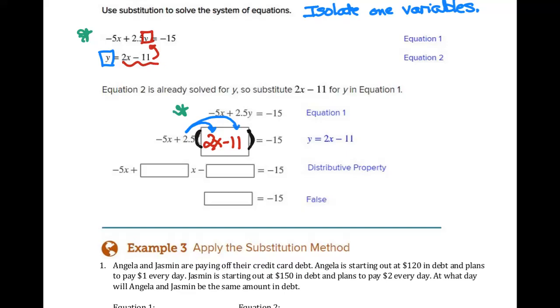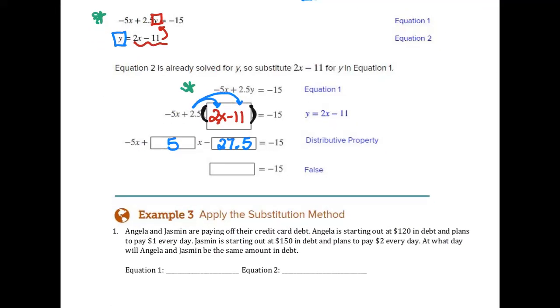So 2.5 times 2x is going to be 5x for the first one, so just 5 in the bottom left rectangle, and 2.5 times negative 11 is going to be, I have no idea. 2.5 times 11, can someone do that? Negative 27.5.